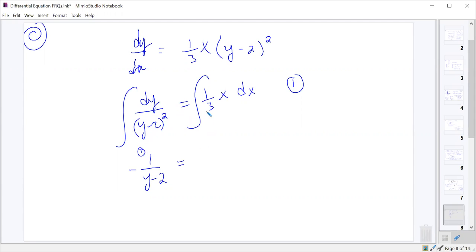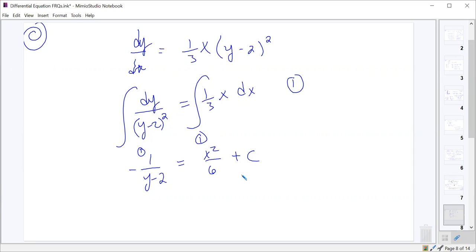And then the integral of 1/3 x ought to be x squared over 6. That's a point. And you need to put a plus c on one side or the other. Just putting the plus c sometimes gives you a point, but in this case, it did not give you the 4th point.